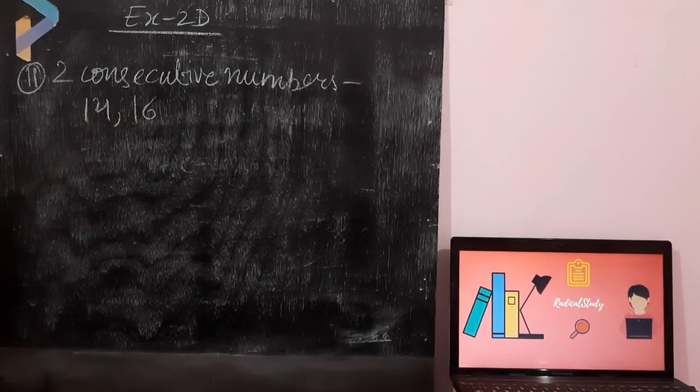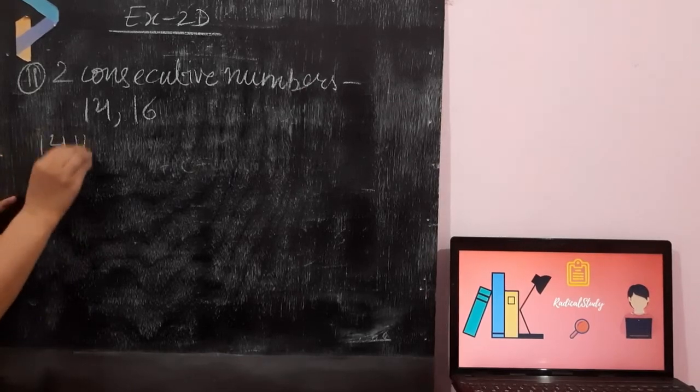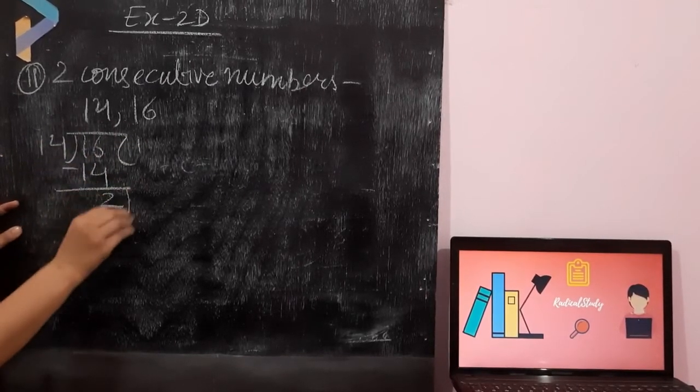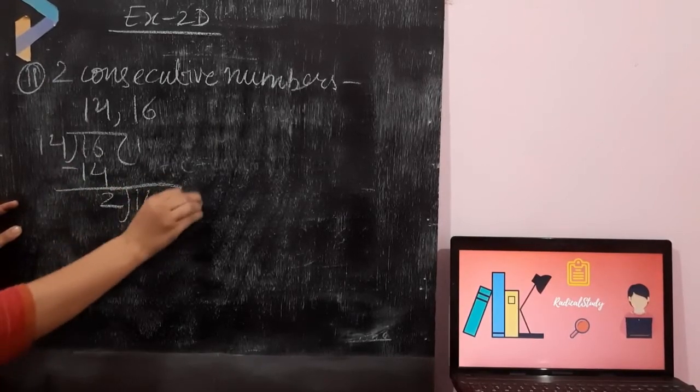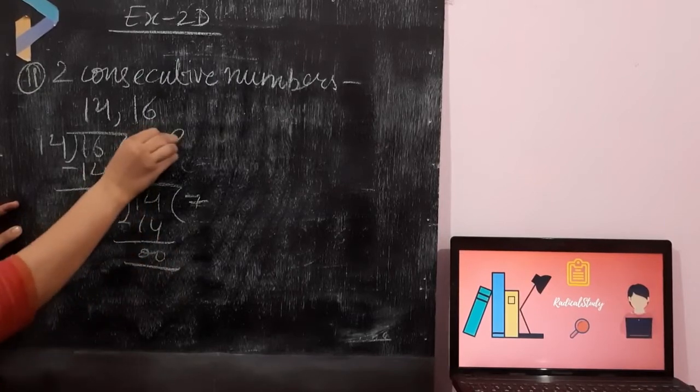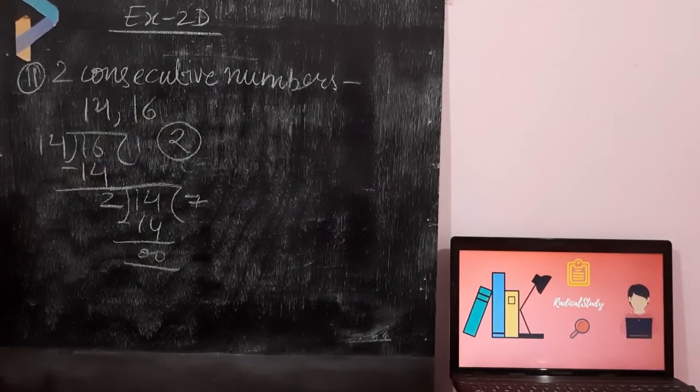So I am taking 14 and 16. तो मैं इन दोनों का HCF निकालने जा रही हूँ. 14 ones are 14. Now 2 sevens are 14. What was the HCF? The HCF is 2. Right, students? तो इन दोनों का HCF क्या हुआ? 2 हुआ.